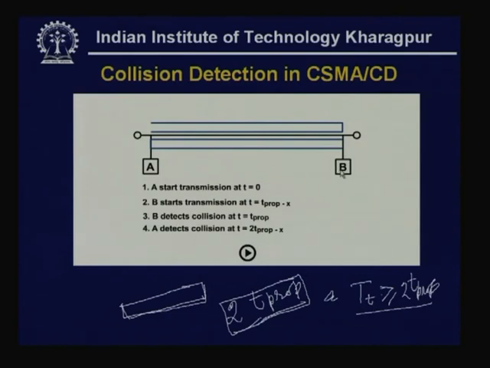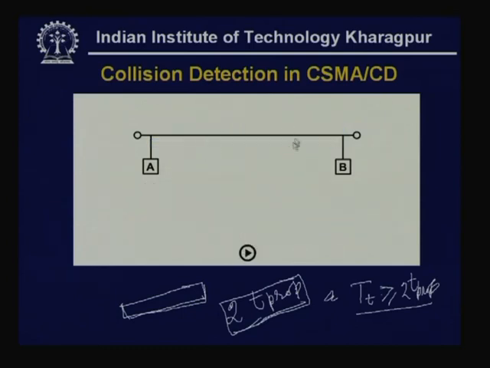If it is smaller than that, the packets may collide in the middle. If the packet is small, the transmission may finish before it reaches the other end, and when the other station sends another packet, both packets will cross each other in the middle, and the collision will only be detected by the middle station, but not by the senders. So, to ensure that, this is the requirement.